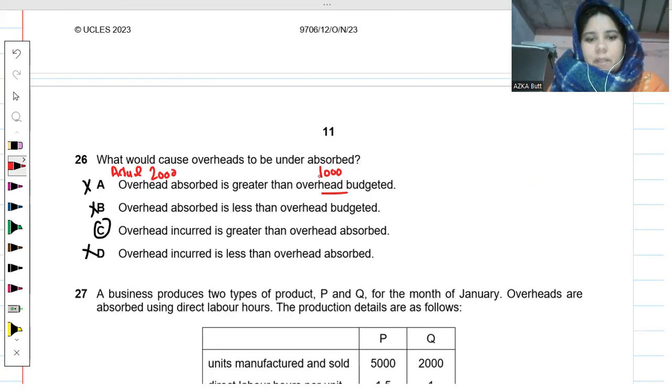So what does it mean? It means that we somehow over absorbed the overheads.